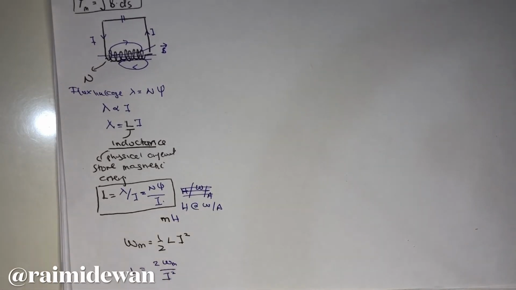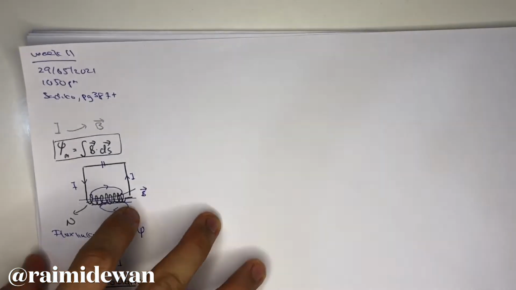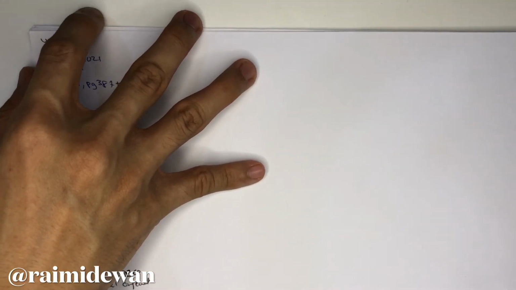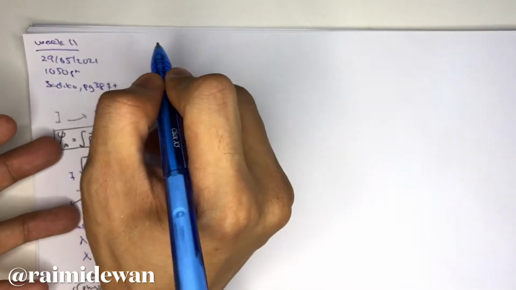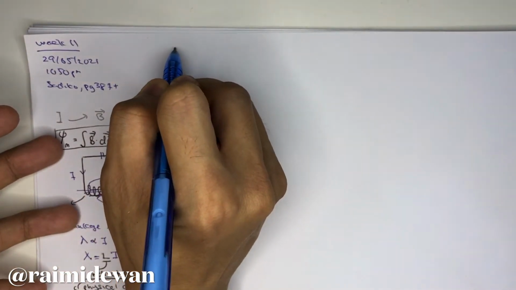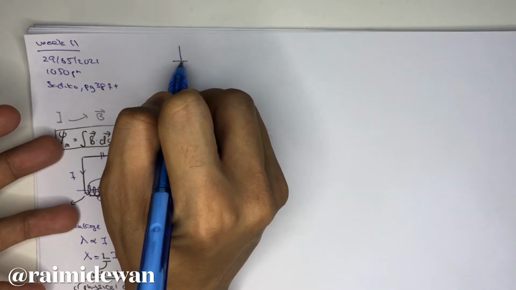So this is just rearrangement. For example, from Sadiku, I will do a summarization, but you can read the detail from the Sadiku book. Let's say we have circuits.